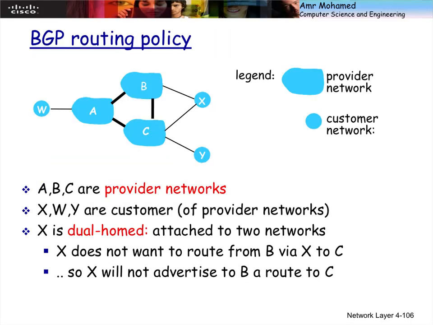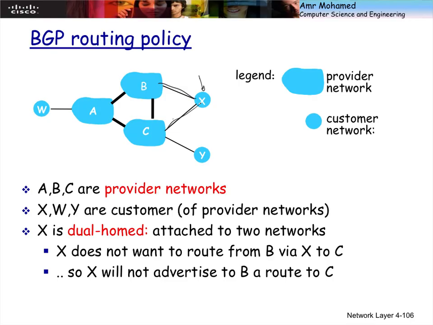So there is the concept of dual homing, and it is well known to service providers, where a destination like X is actually connected to two different service providers. We call this dual homing.